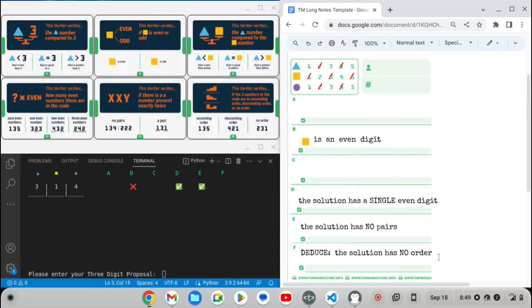So basically then it comes down to A and C, and notice that in our 6 criteria cards there is no mention of circle. So somehow that circle digit is going to be forced into a particular odd value. It could be because of the no order, shifting to one digit or another.